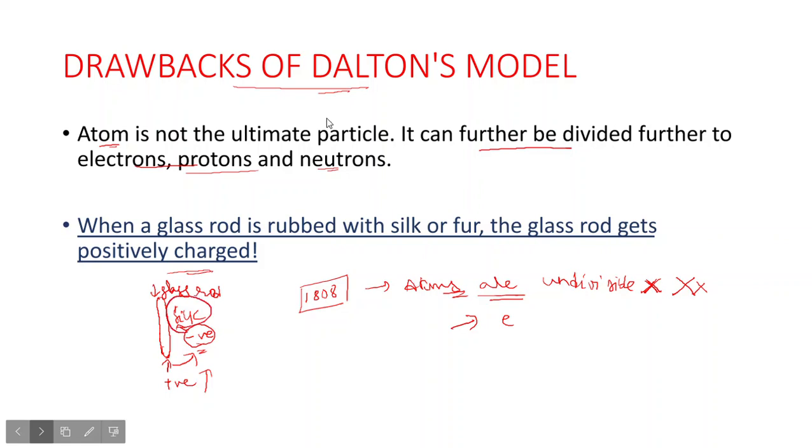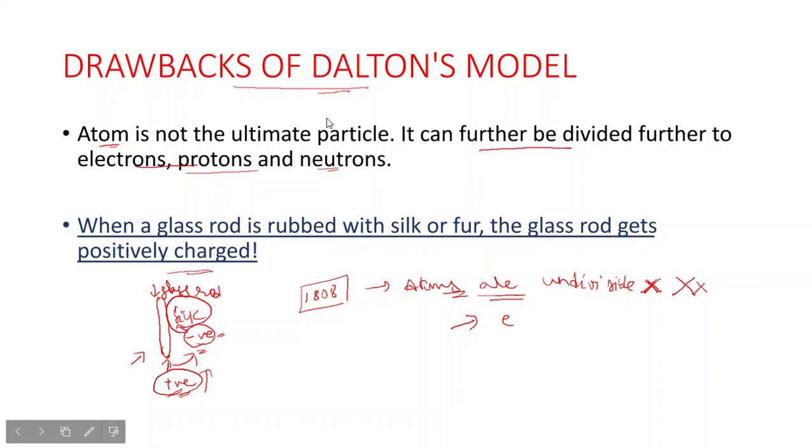The number of electrons in the silk increases, so it becomes negatively charged, and the glass rod, having lost electrons, becomes positively charged. But John Dalton could not explain this phenomenon. This is one of the major drawbacks of Dalton's model.